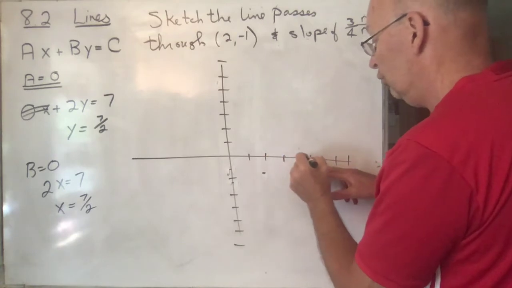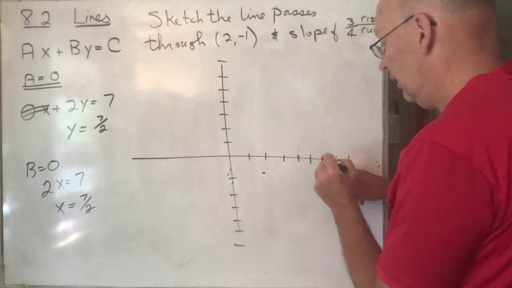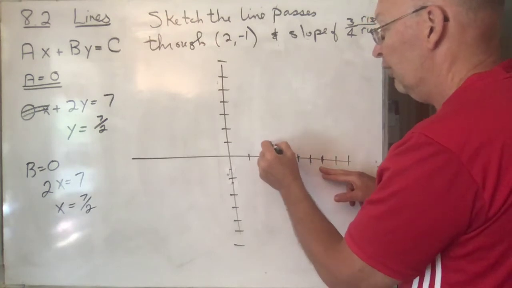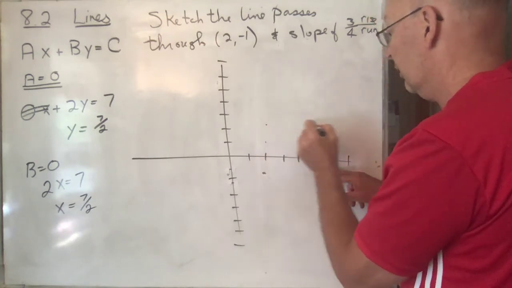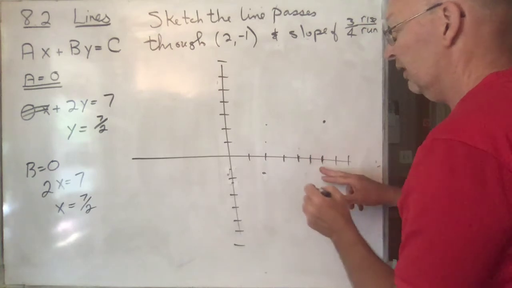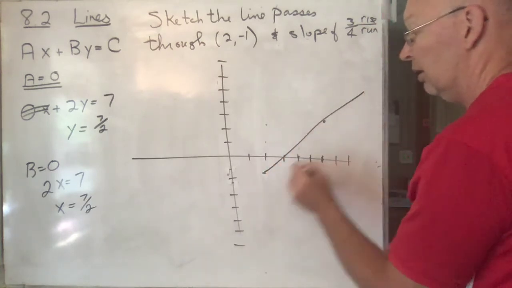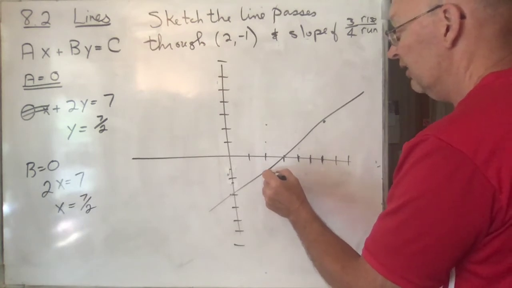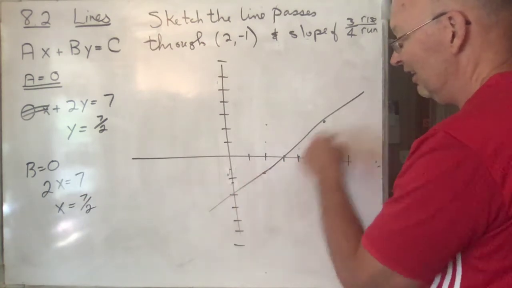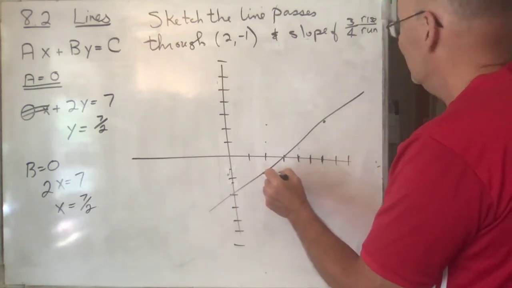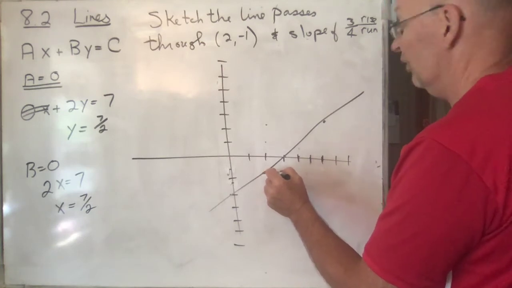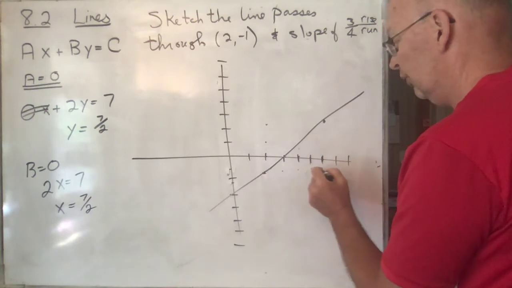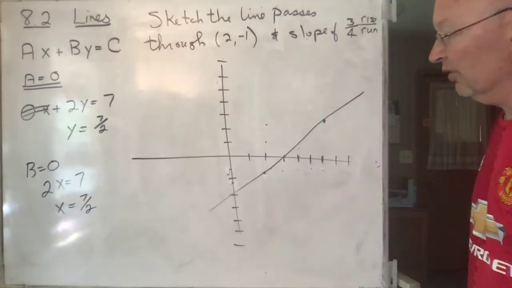So there's the point right there. Okay? So all I need is 2 points to determine a line. Is that a nice straight line? Its rise is 3 and the run is 4. So there you go. Slope of 3/4.